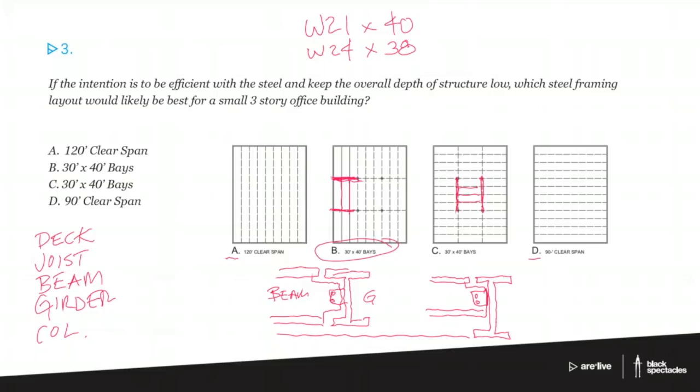It's a deeper member. So from a structural engineering standpoint, this would be the correct answer for how you make it more efficient. But interestingly, if you actually are thinking about it like an architect, it may well be that the overall cost efficiencies might actually be better with the more shallow structural member.